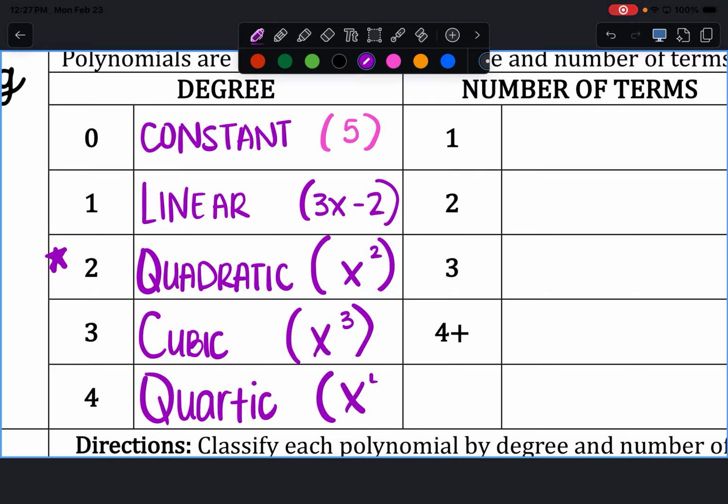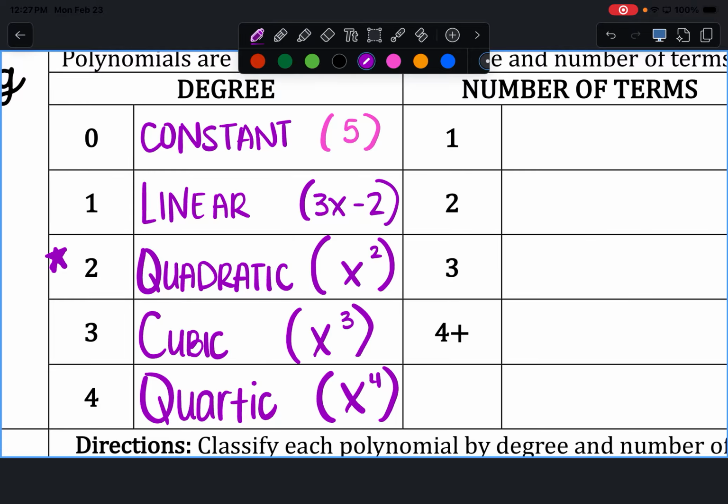They are different. Quartic is like quarter because it's 4. We could keep doing that. 5 is quintic. I don't remember what 6 is, but it basically keeps getting more and more ridiculous, and it goes on forever. But we will not have to classify any higher than a degree of 4. That is the highest we have to classify.